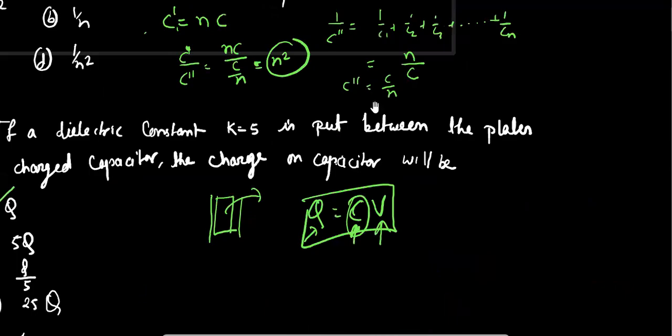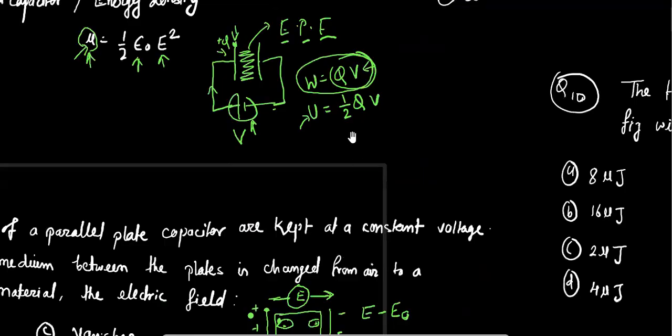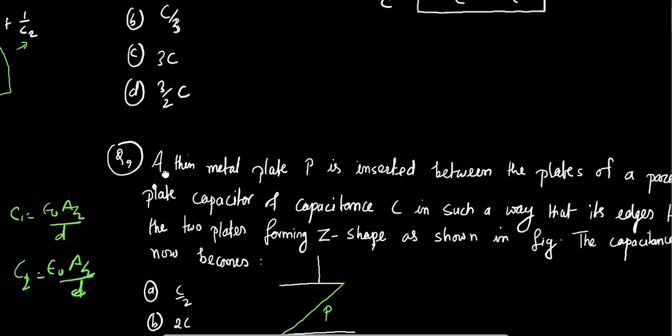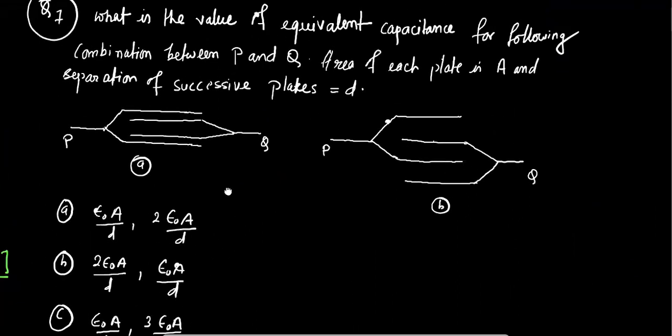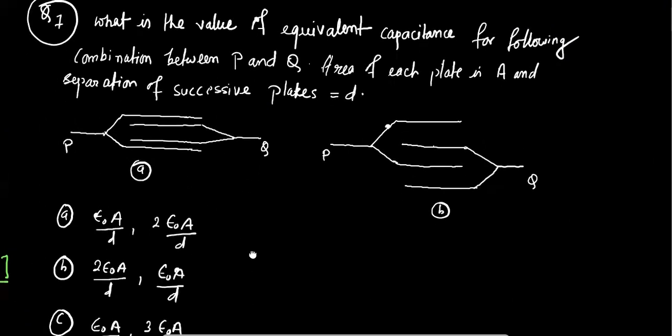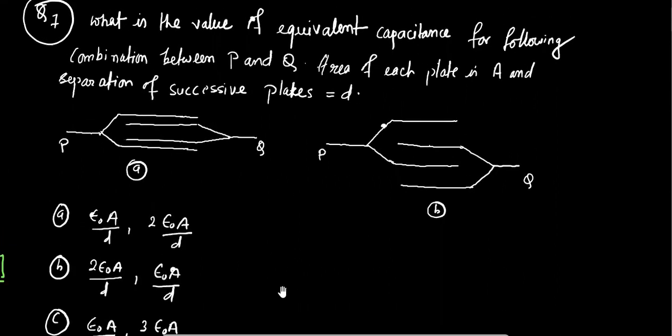Now we are going to solve question number 6, and this is on another side of this paper. Well, okay, this is question number 7. What is the value of equivalent capacitance for the following combination between P and Q? The area of the plate is A and the separation of successive plates is D. If you see here in the first figure, there are two capacitors.